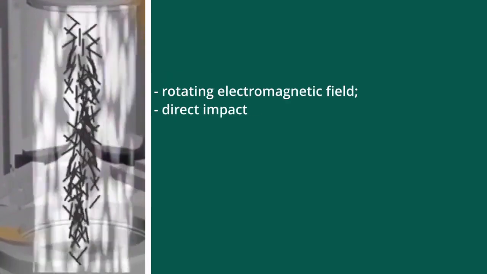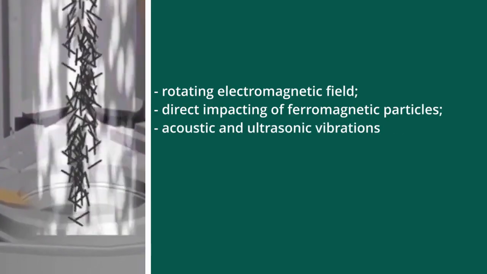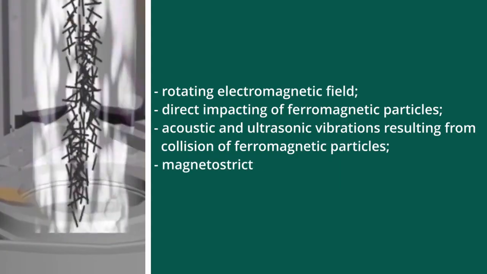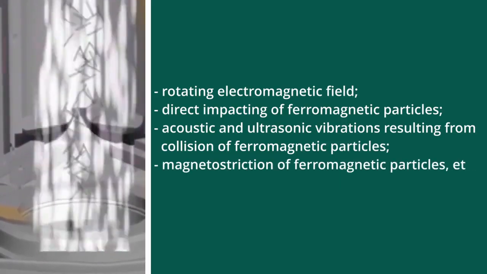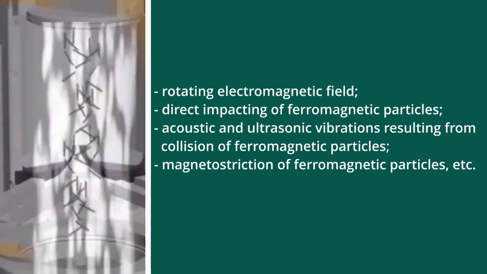Meanwhile, the processed powders are exposed to a number of factors in the operating chamber as follows. Rotating electromagnetic field. Direct impacting of ferromagnetic particles. Acoustic and ultrasonic vibrations resulting from collision of ferromagnetic particles.